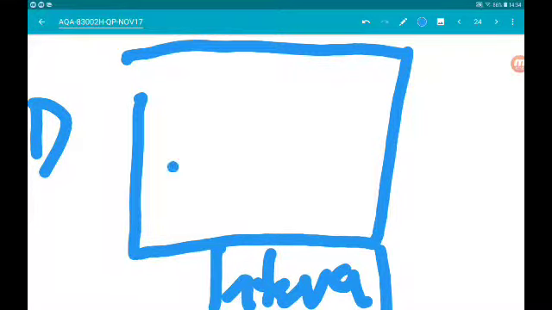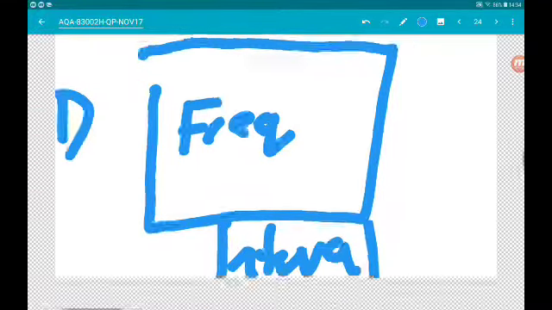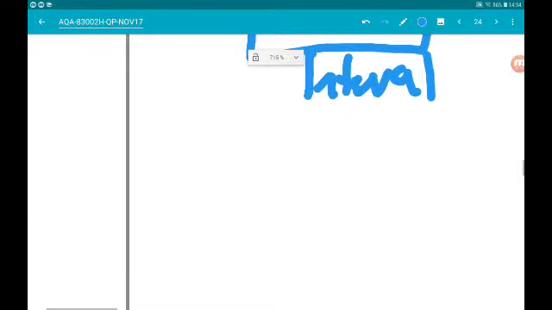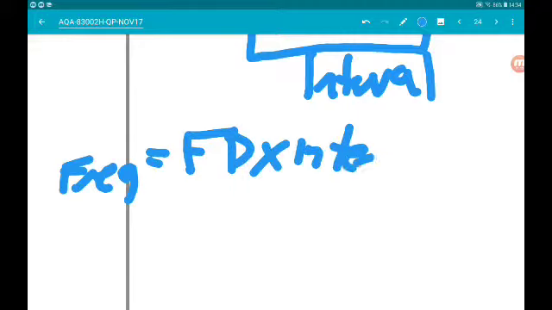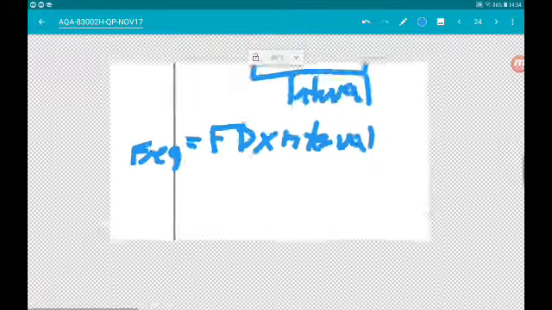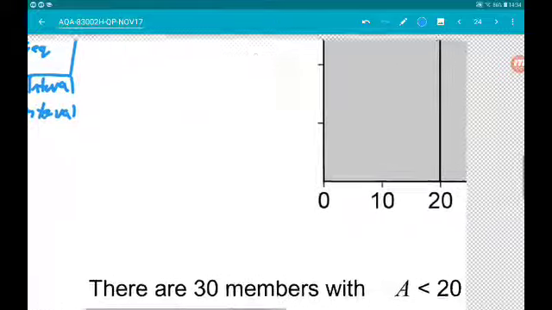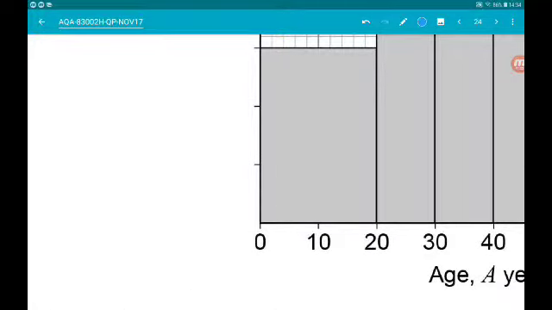Inside, the area represents the frequency. So frequency is equal to frequency density times the interval width.